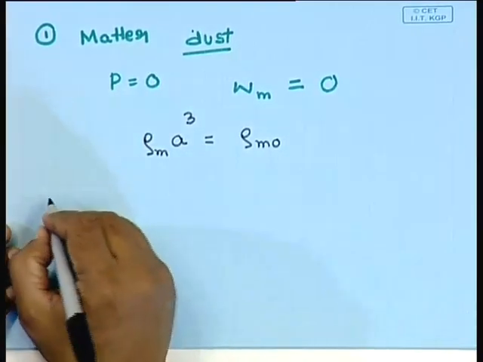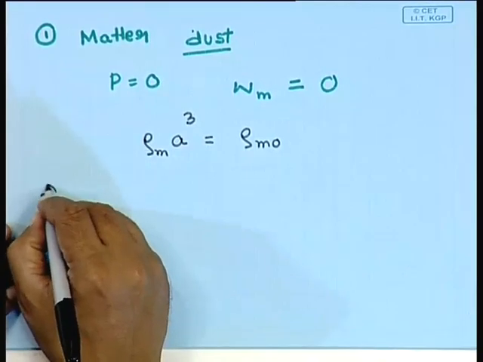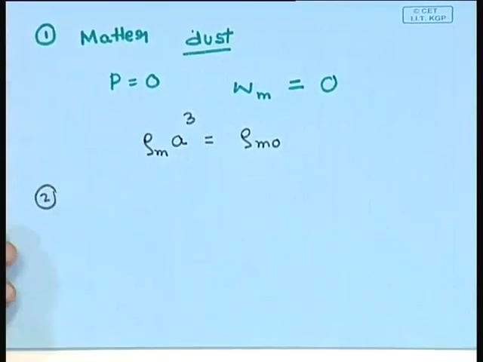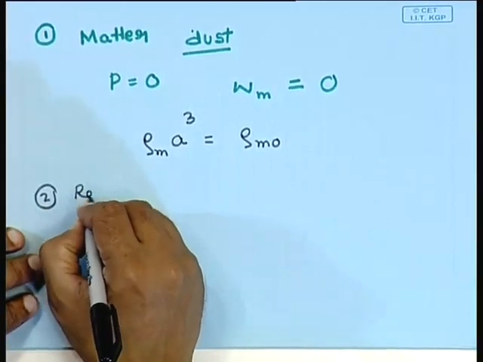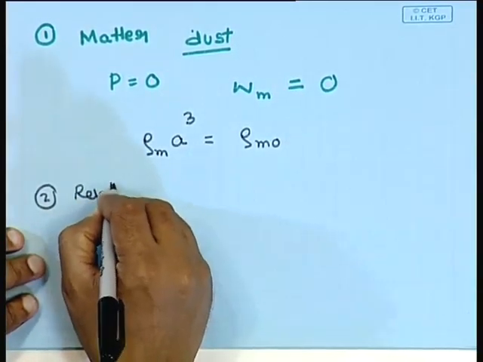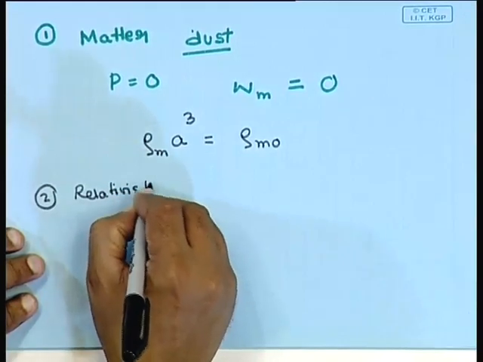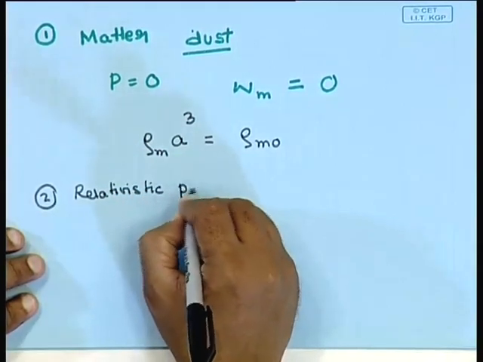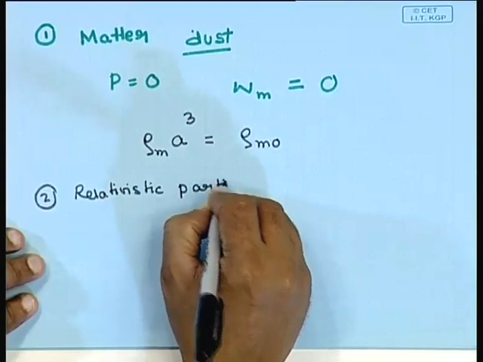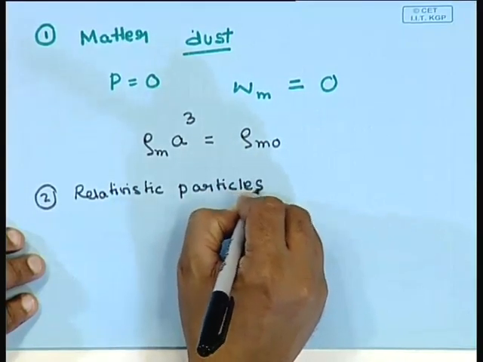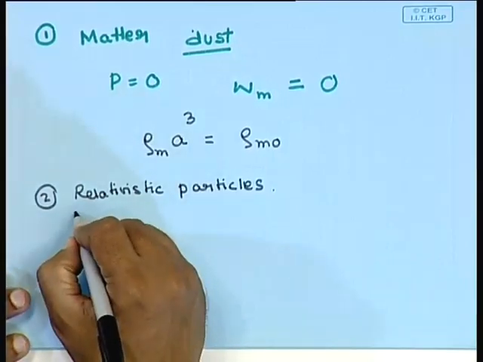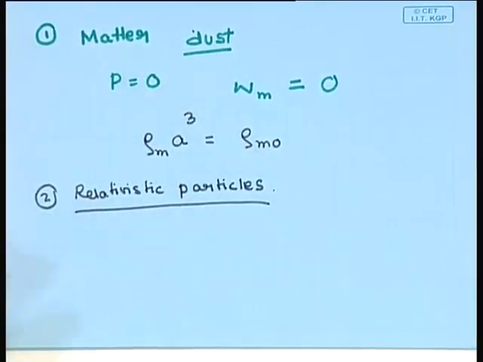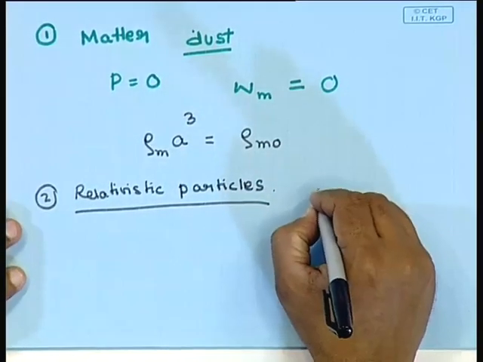The next component that we will include in our model is the relativistic particles. Photons, neutrinos, these are relativistic particles, and we shall also be referring to this as radiation.